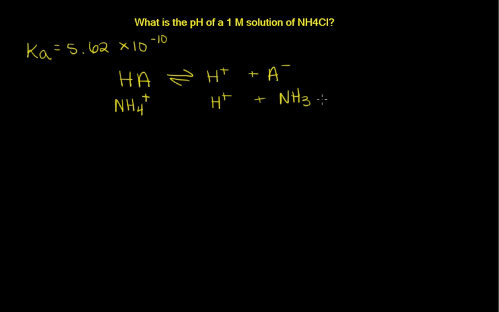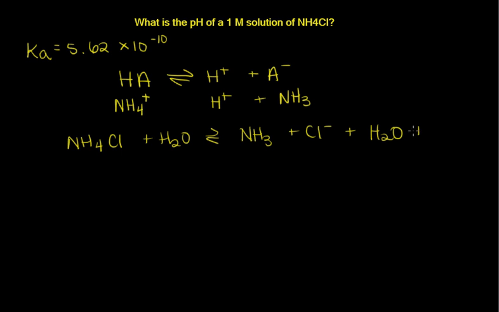You can write the whole shebang, NH4Cl plus H2O is going to make NH3 plus Cl minus plus H2O plus H plus, but that seems like a lot of work, so this is the simplified version.